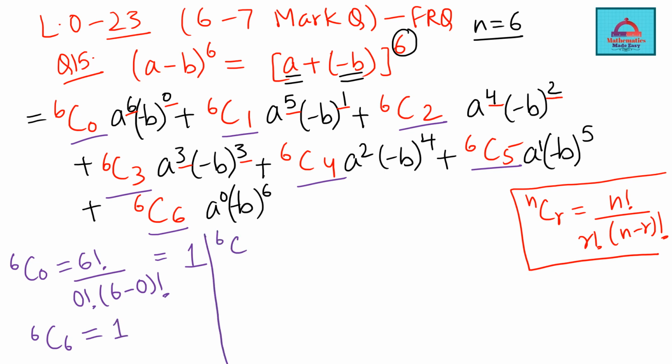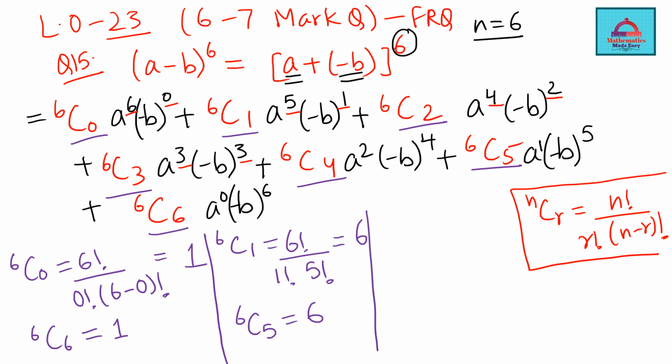Then 6C1 is going to be 6 factorial over 1 factorial times 5 factorial, so this is 6. The symmetric coefficient is 6C5, which is going to be 6 again. Then you have the next one, 6C2, which is 6 factorial over 2 factorial times 4 factorial, going to be 15.